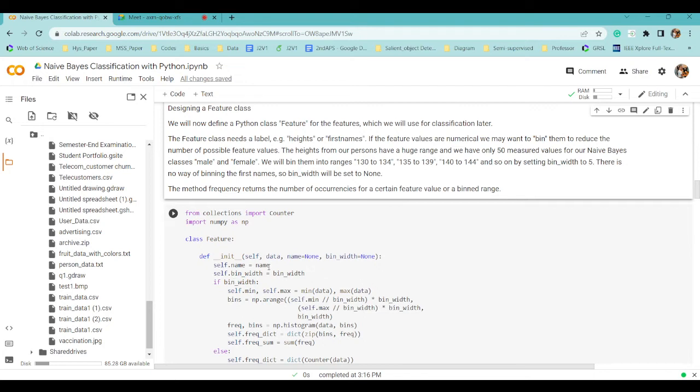So self.name means whatever the name is, just call it that. Whatever the bin width is, call that. Now we are giving the bin size, np range, minimum of self.mean. So whatever the minimum value is, take that and divide it by bin width.